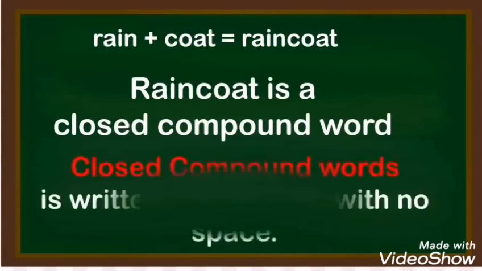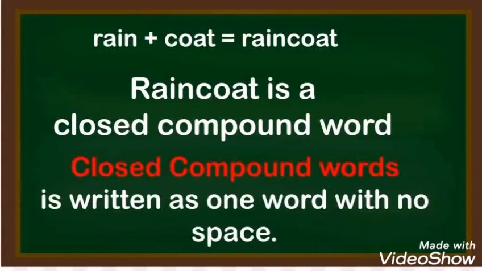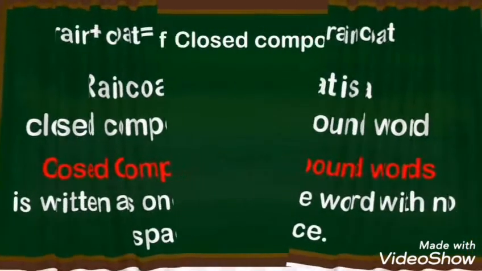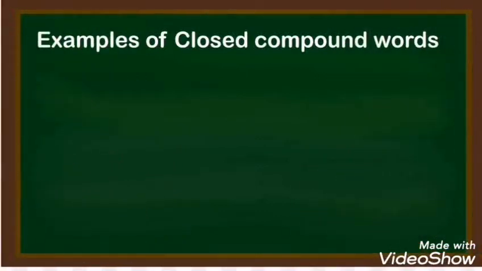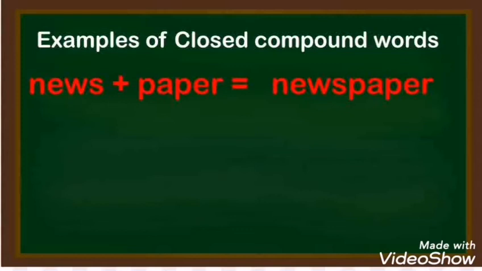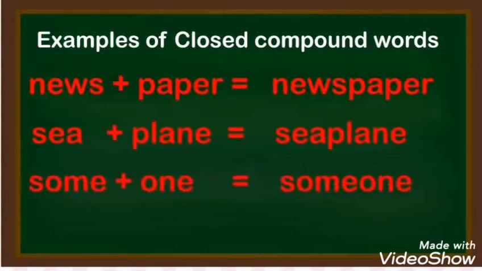A closed compound word is written as one word with no space. Examples of closed compound words are newspaper, seaplane, and someone.